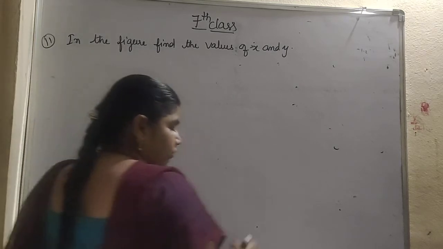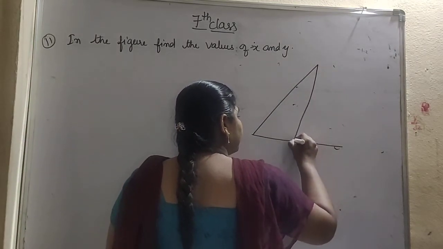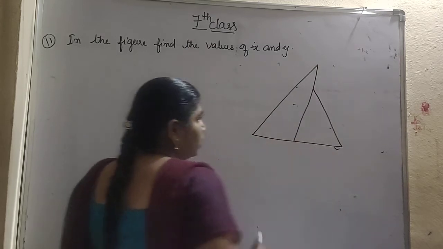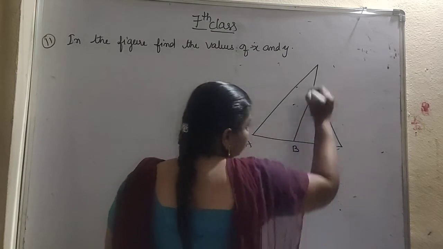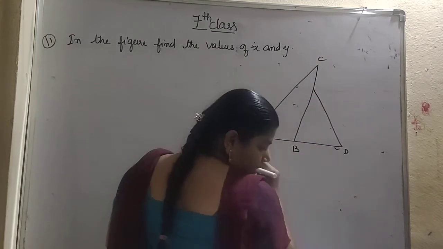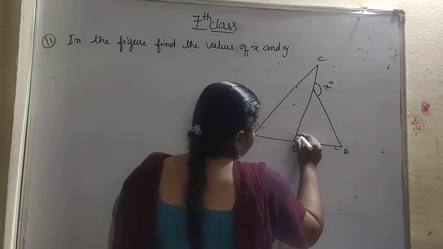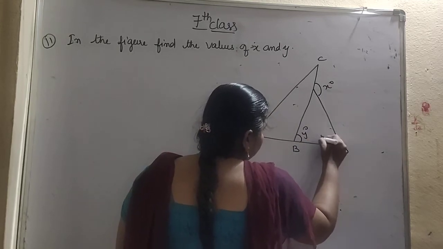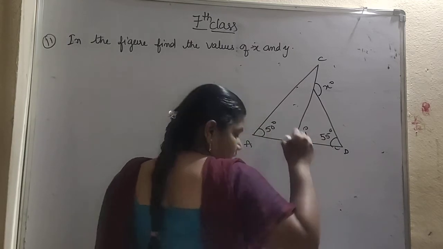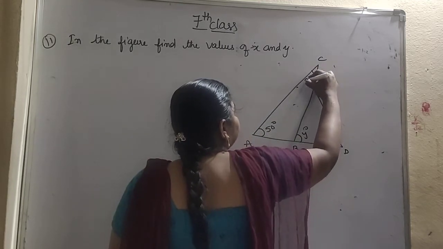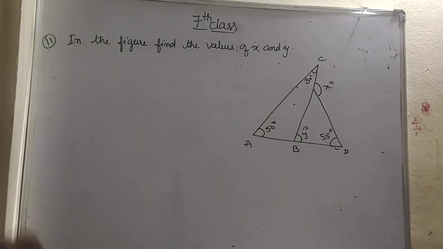So what is the figure? Figure is in this way. Okay, and here A, B, C, D, and this is the exterior angle. Here y degrees, here 55 degrees, here 50, and this angle is 30 degrees. So we have to find this x value and y value.